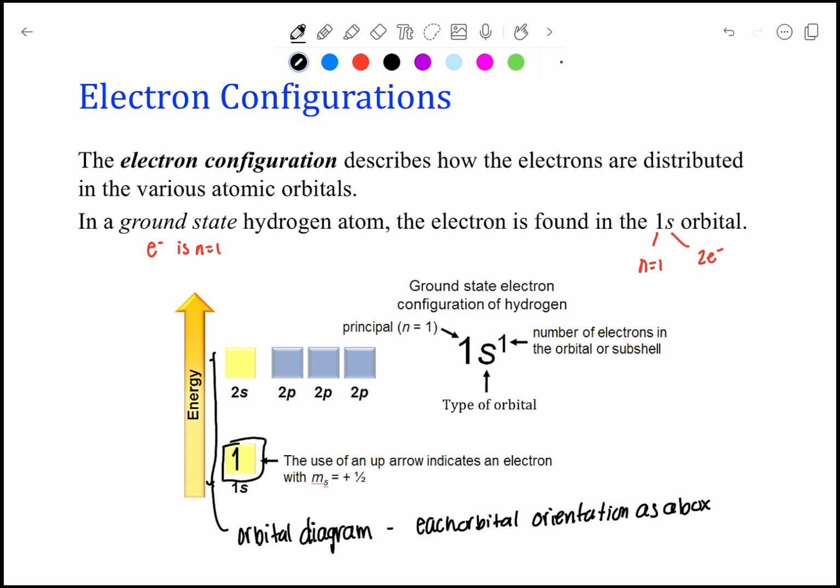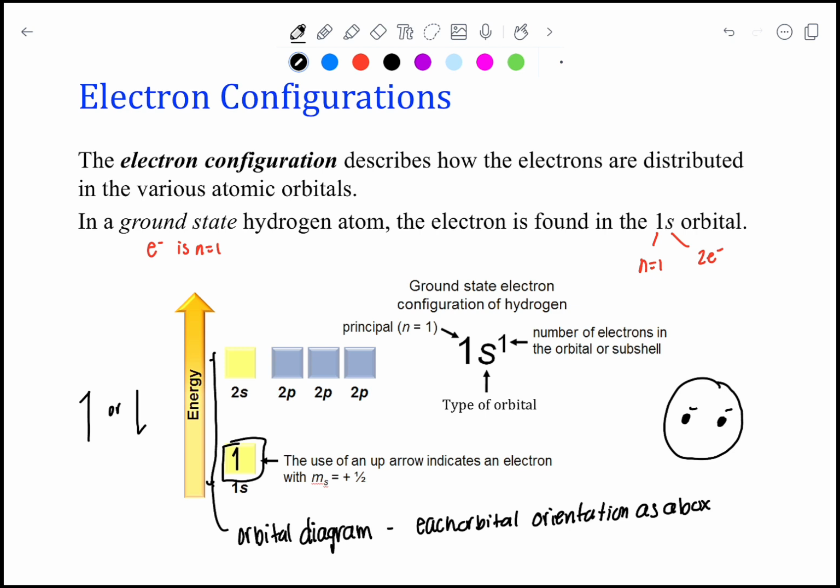So we see it here as 1 arrow. We denote electrons as arrows, specifically half arrows that can be pointed up or pointed down. And we use this to denote the spin of our electrons. If I have an orbital and I can fit 2 electrons in it, these electrons are negatively charged, meaning that they don't like each other.